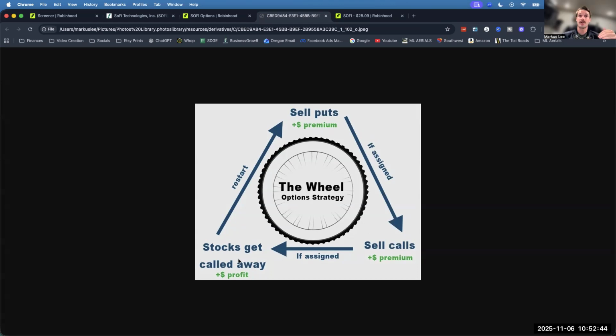If you are assigned on that covered call, meaning the price is above your covered call strike price at expiration at the end of the second week, you are called away, meaning your stock gets sold at the price you agreed to. In this example, it would be 25.50 or higher. And you can restart the position as you get cash back at the end of the trade.